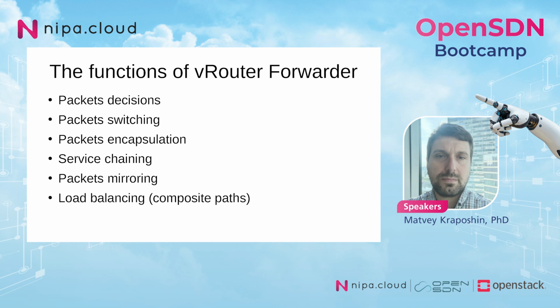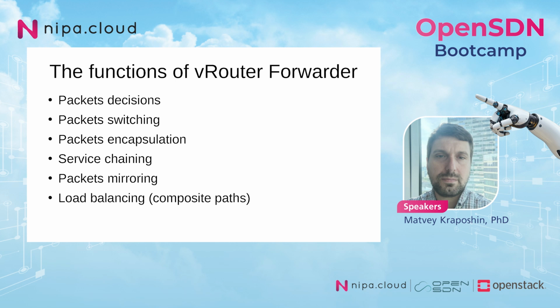And what functions are performed by vRouter forwarder? What do we use it for? We use it for packet decisions. So vRouter forwarder decides what to do with a packet. We use it for packet switching between interfaces. We use it for packet encapsulation. We use vRouter forwarder for service chaining.